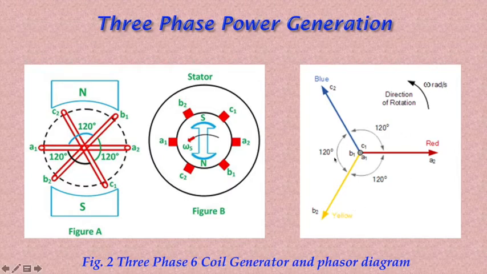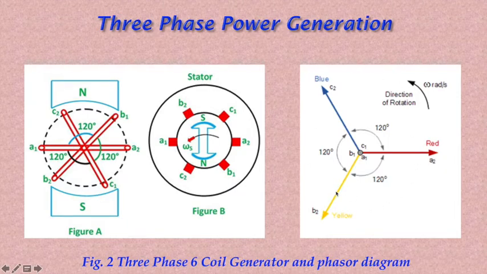From the phasor diagram, if we consider voltage VAA as the reference, then VAA equals Vm sin omega t. The rotation is anti-clockwise.